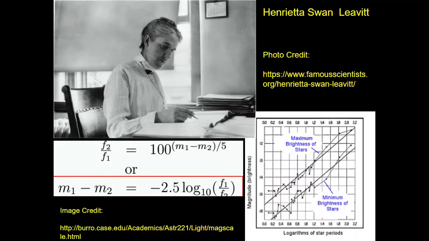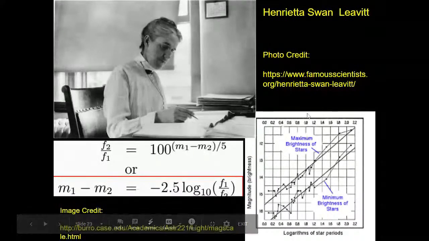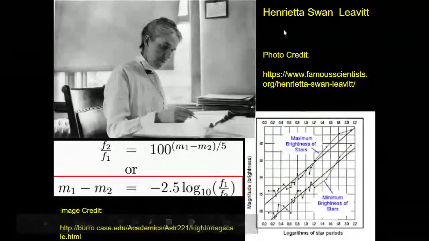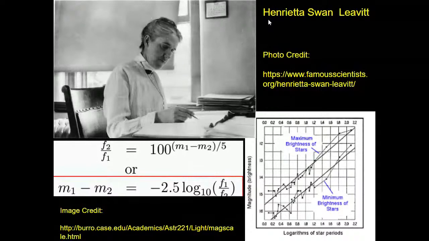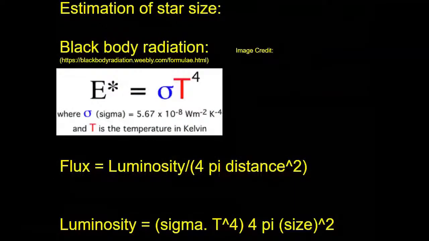I have already talked about the apparent magnitude, the absolute magnitude, and how the apparent magnitude differences are related to the logarithm base 10 of the ratio of the flux from a star. And I also discussed the correlation which the late astronomer Henrietta Swan Leavitt had established for Cepheid variables, because of which one can estimate the luminosity independently.